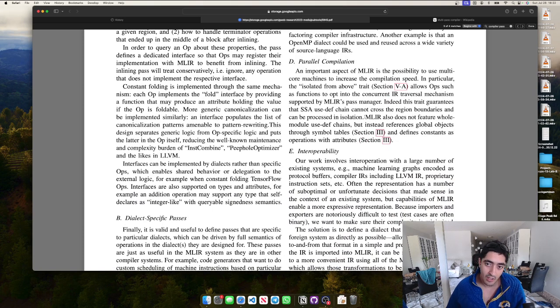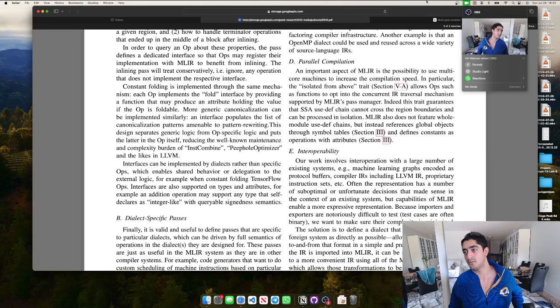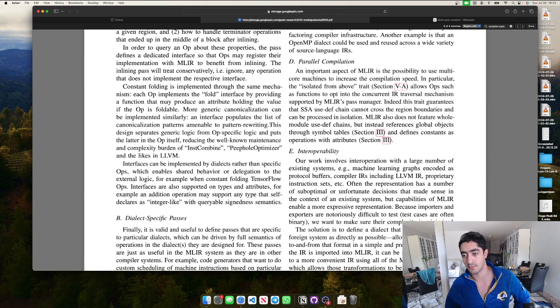Section D. Parallel compilation. An important aspect of MLIR is the possibility to use multi-core machines to increase the compilation speed. In particular, the isolated from above trait, section 5a, allows... Who's this? Sorry about that. Okay.